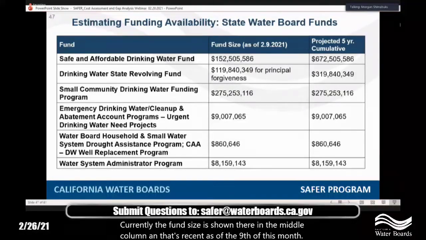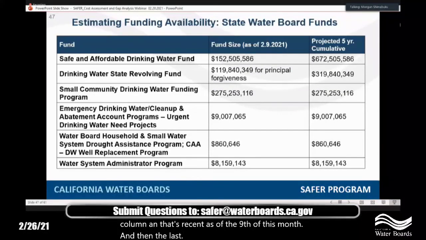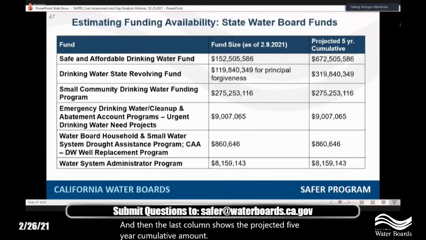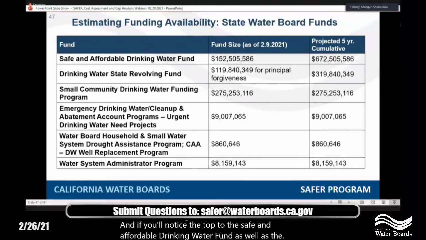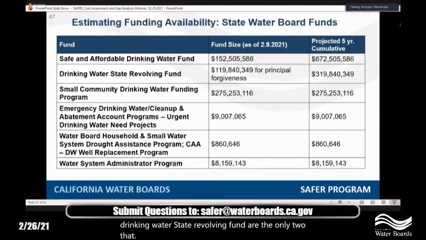And then the last column shows the projected 5-year cumulative amount. And if you'll notice, the top two, the Safe and Affordable Drinking Water Fund, as well as the Drinking Water State Revolving Fund, are the only two that, for the gap analysis, we are assuming are going to grow over time.